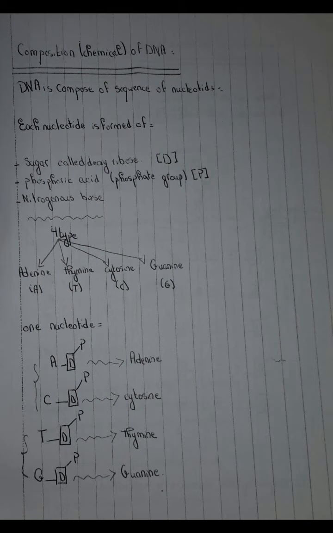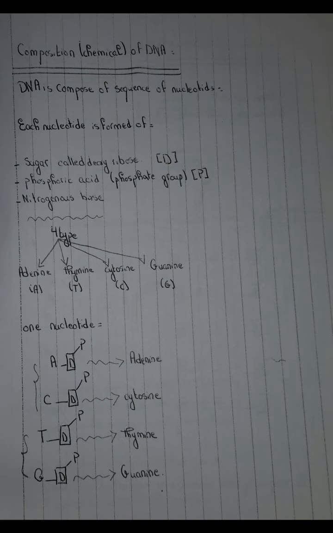When we talk about the nitrogenous base, we have 4 types: A, T, C, G. A stands for adenine, T stands for thymine, C stands for cytosine, and G stands for guanine.